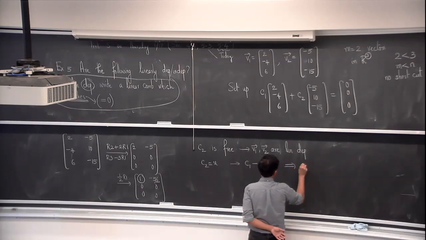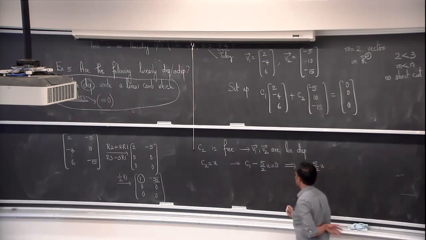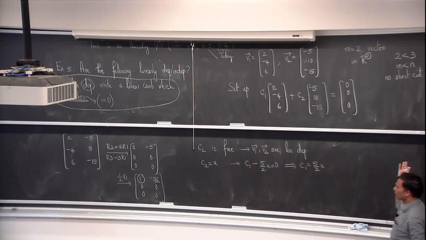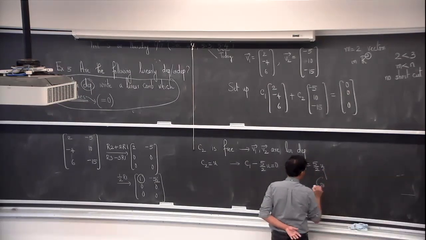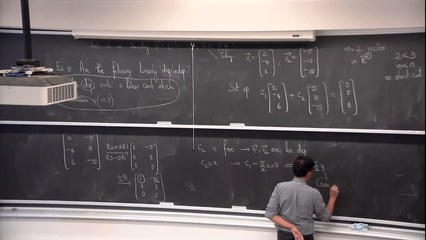And that gives you C1 equal to 5/2 U. Remember that U is a free variable. Give some value for U, whatever you like. Preferably not U equal to 0 because that's kind of a boring case. Give any non-zero value for U.